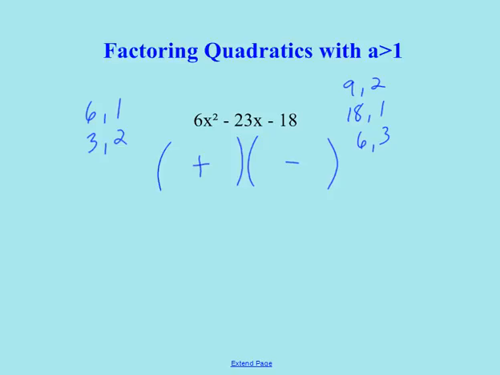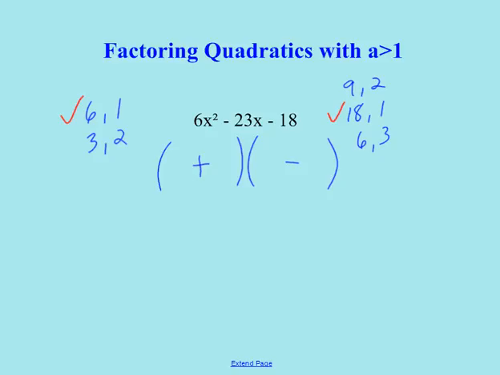Well, you pretty much can eliminate the options of pairing up the 6 and the 1 with the 18 and the 1, because that doesn't seem to in any way give us negative 23x, meaning 6 times 18, that would be a very large number. What would that be, 108?